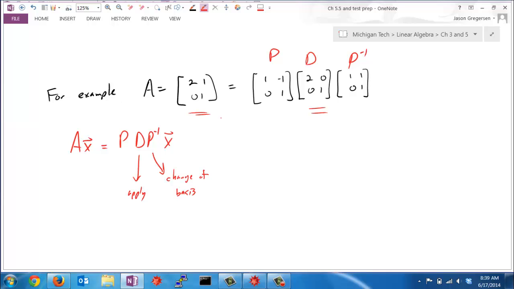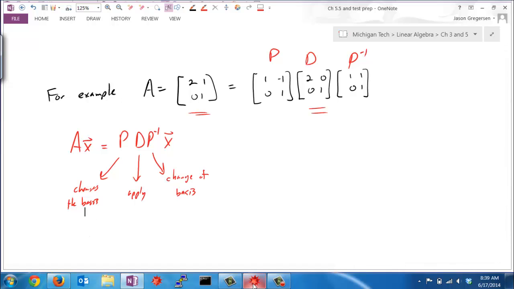It's almost like another change of basis, going from 1, 0, 0, 1 to 2, 0, 0, 1. So all we're doing is stretching in the x direction. I can see that very easily by looking at that matrix. And then the final matrix is just changing our basis back.